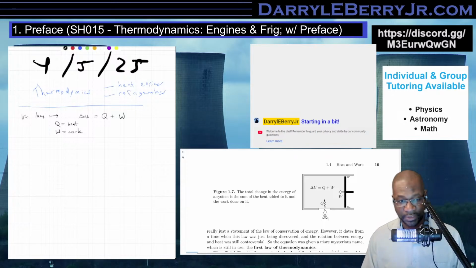And as we can see in the image on the screen right there, basically what's going on is you have a box with an opening at the bottom where a flame is contributing heat. And to the right, you have a piston that's pushing in. So there's work being done on the air to push the air in.